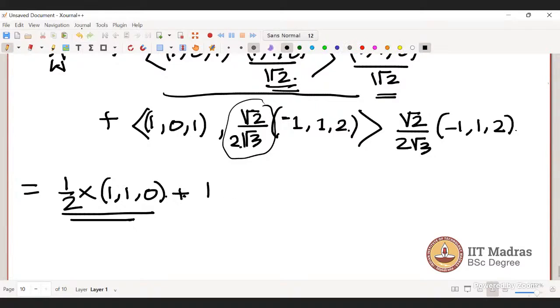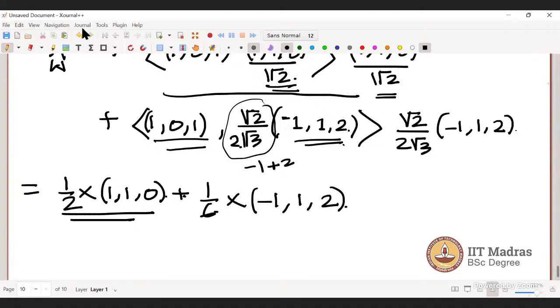So then I can write it as 1 by 6. Okay, so again, what is this inner product? Minus 1 plus 2, it's 1, right? This inner product of this with this, with minus 1, 1, 2.